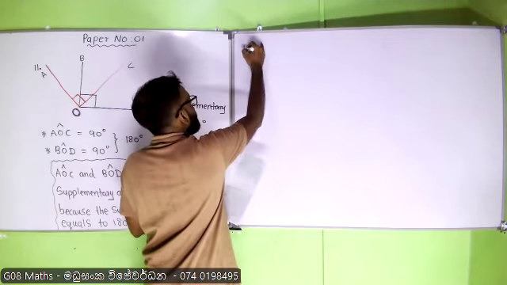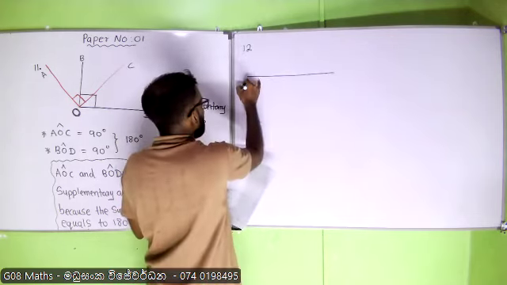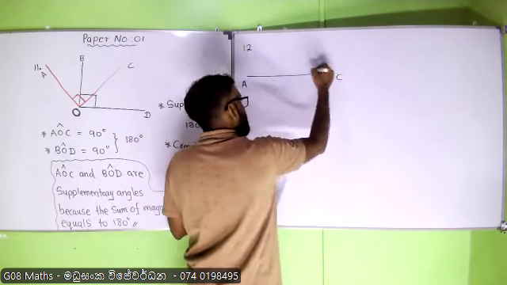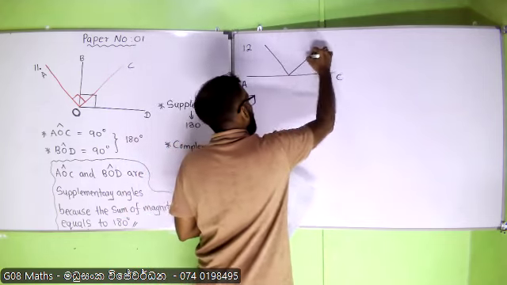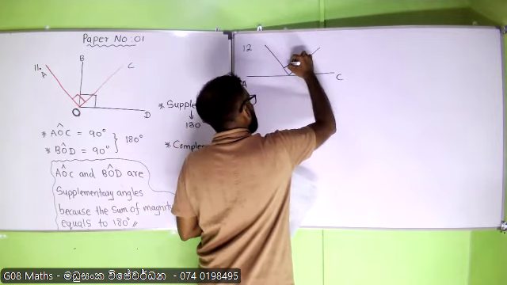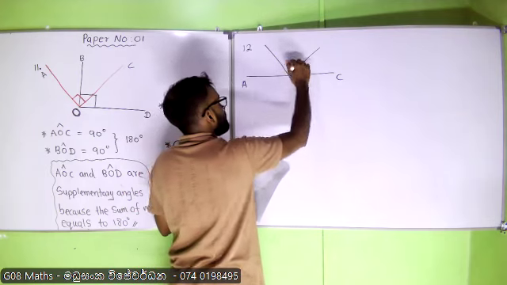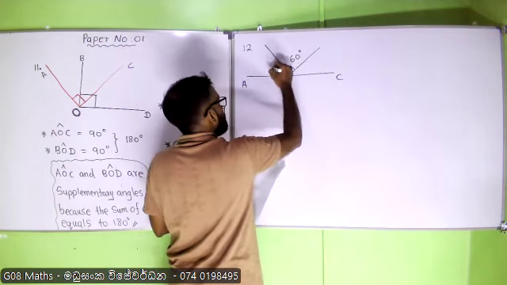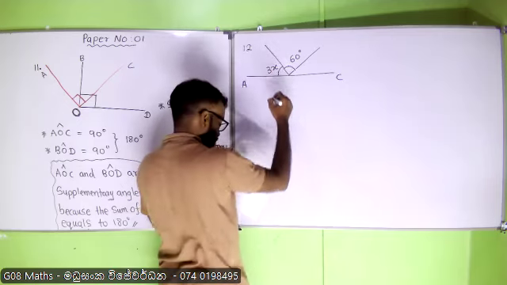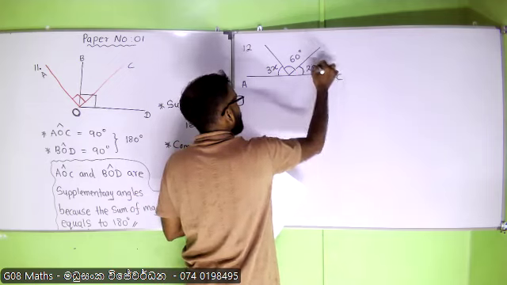This is question number 12. AC is a straight line. On that straight line, you have these angles. Sorry, this is not 90, this is 60 degrees. This is 3x. And this is 2x. Correct?